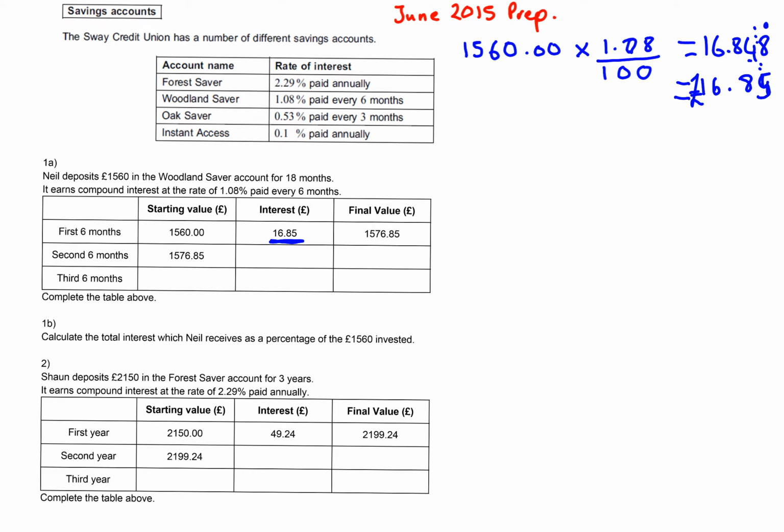Okay, and the next step is then you bring your deposited money, which was 1560 plus the interest, which is £16.85.